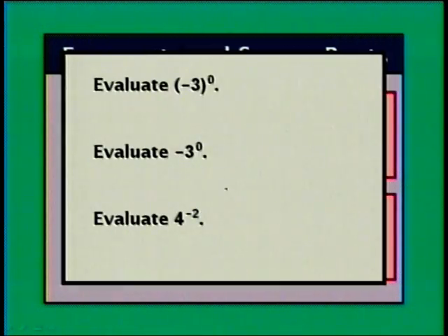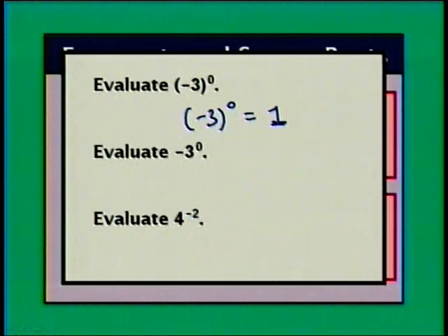So what's the result of raising negative 3 to the 0 power? The result of raising any number other than 0 to the 0 power is 1. Well, what's up with the next example? What I'm trying to illustrate is that since we don't have parentheses around negative 3, we're not raising negative 3 to the 0 power.